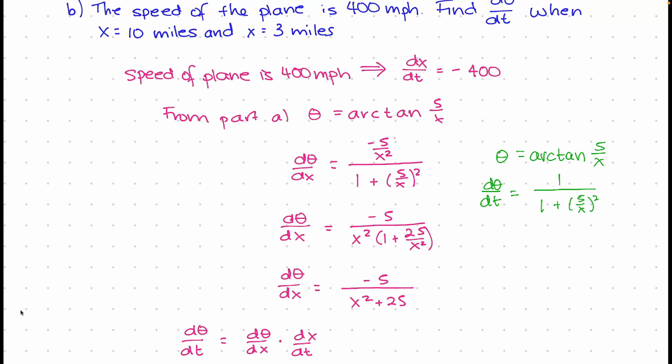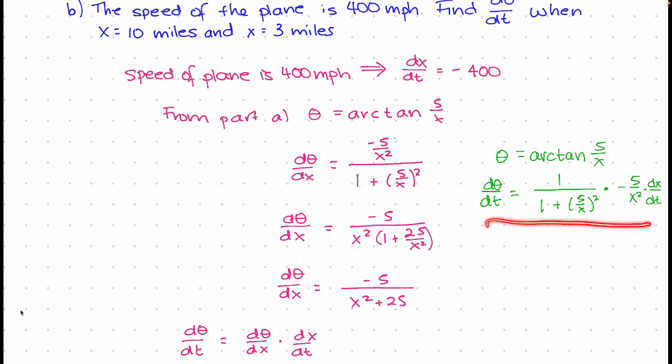But then we have to do chain rule. So we have to do times the derivative of 5 over x, which would be negative 5 over x squared. And then also chain rule implicit differentiation times dx dt.